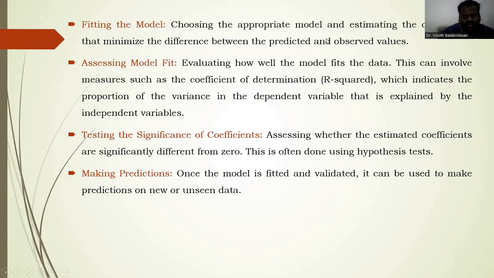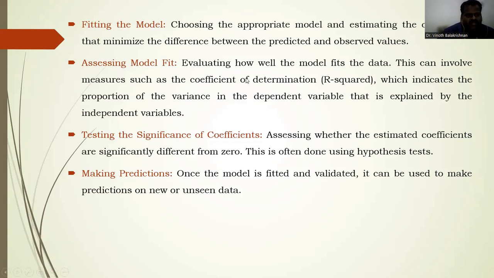We have to choose the appropriate model and estimate the coefficients. These coefficients are chosen to minimize the difference between the predicted and observed values. That is called the error. It should be minimum. That's why we use the ordinary least squares method.